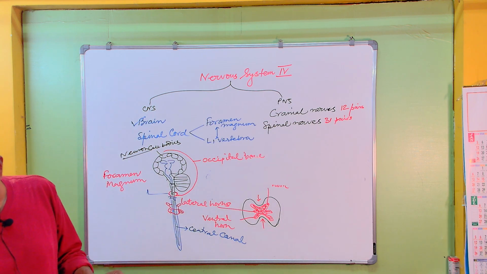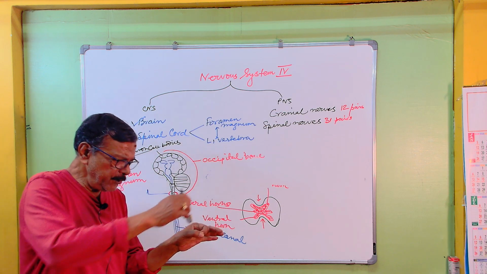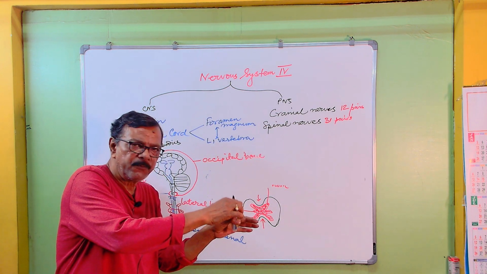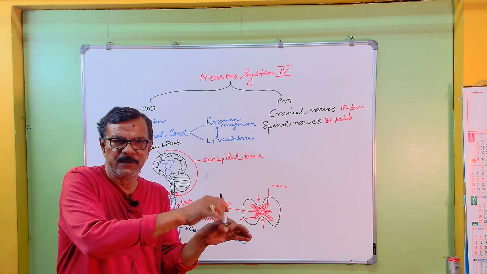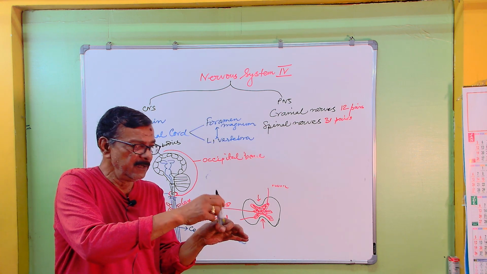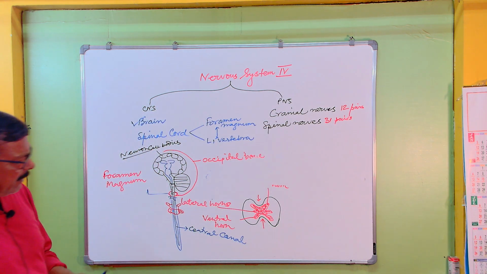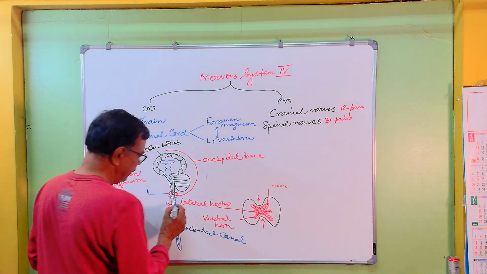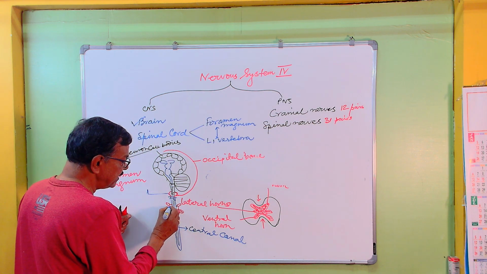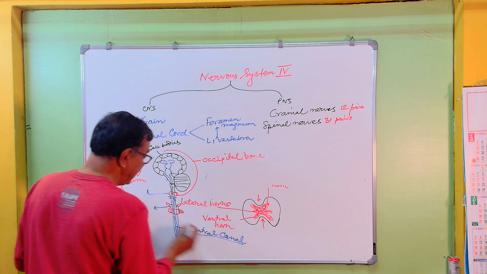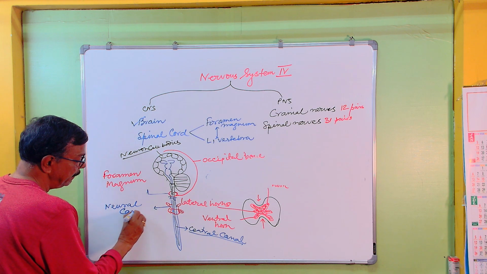Within this vertebra there is a canal through which the spinal cord goes, and the spinal cord remains loosely arranged, it is not tight. So what is the name of this canal of the vertebral column through which the spinal cord passes? This is the neural canal.